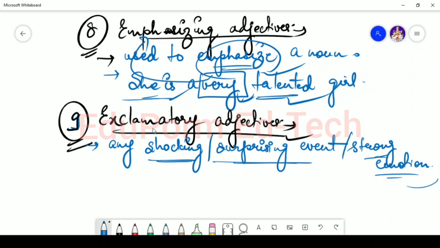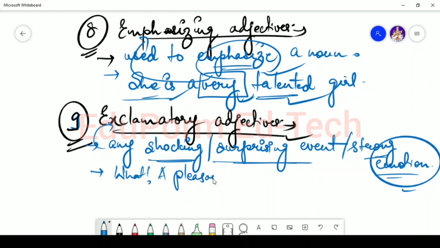In that case you make use of exclamatory adjectives. Let's say for example, what a pleasant surprise.